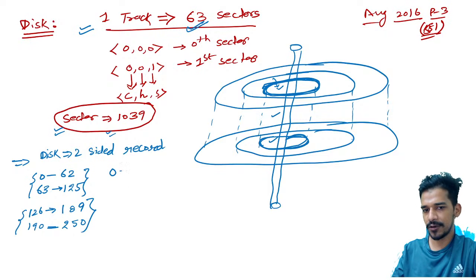Sector number 0 to 125 will be on the first surface, then 126 to 250 will be on the second surface.